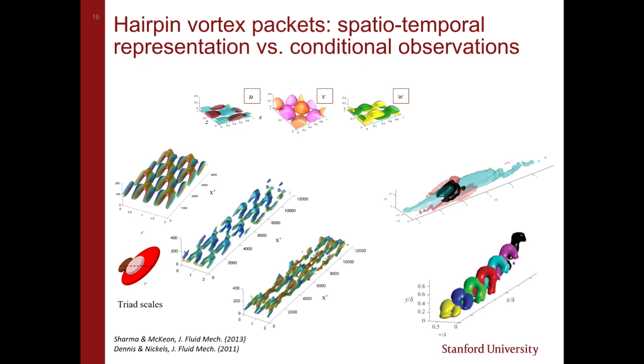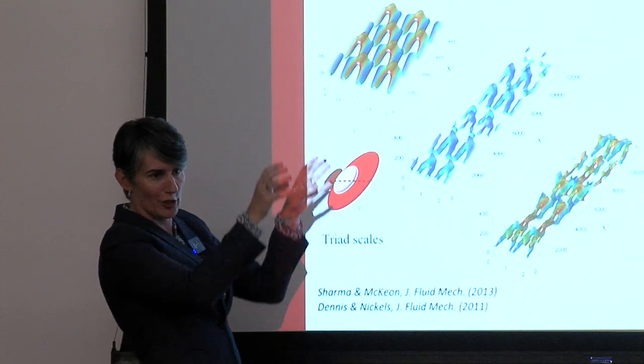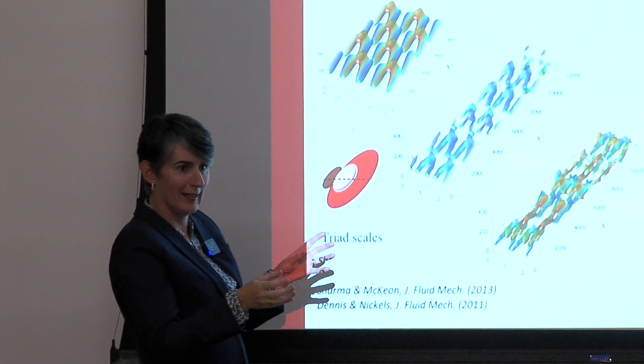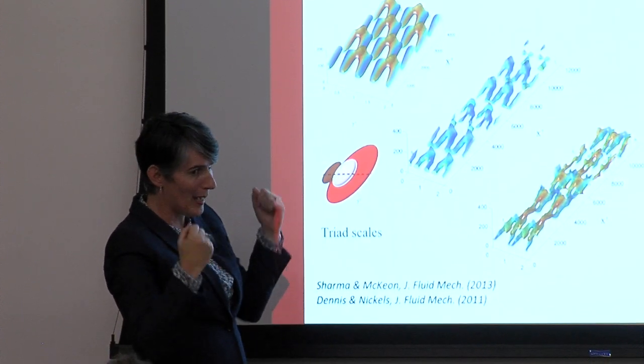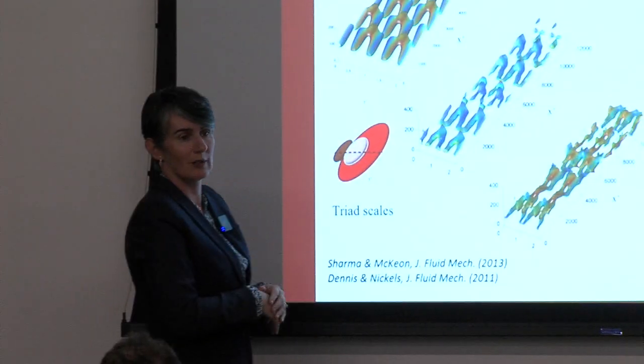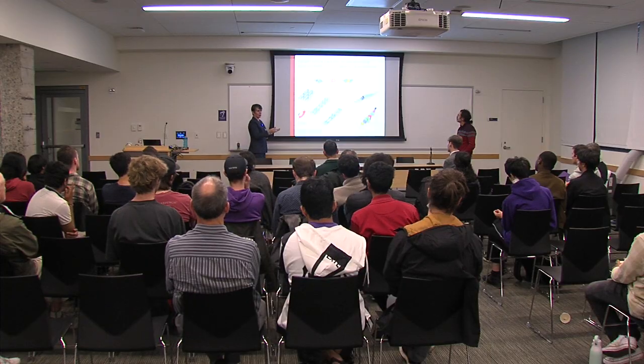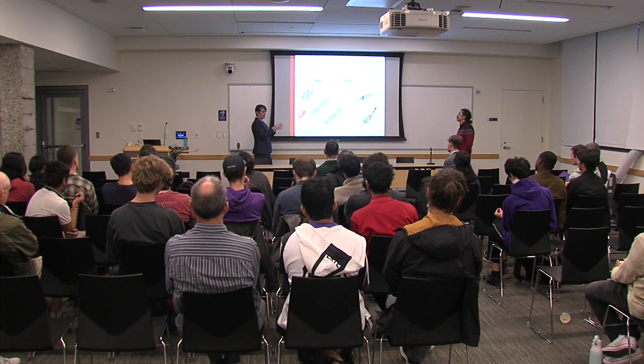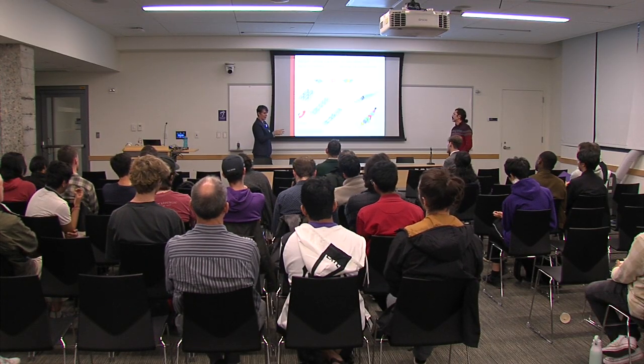As I go up in Reynolds number, I start to see something a bit more like this. It's messier. As you go up and up, so you're adding more scales, you see a cane or an arch. You never see the full hairpin. And so at the very best, something like this would be understood as a conditional average, like a statistical representation, right? I saw part of it and then I saw the other part of it, but the whole of it comes back together.